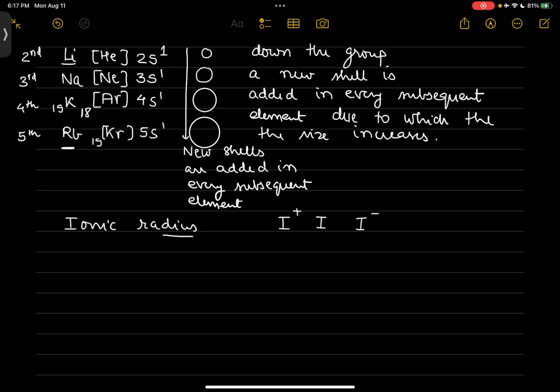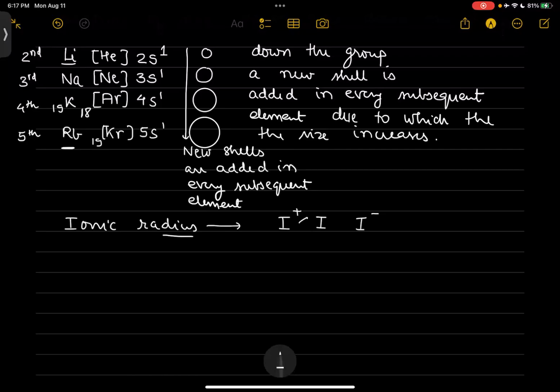So can you compare the size of a cation? I'm not comparing the cations of different elements. I'm just comparing one element, iodine: its atom, its cation, and its anion. So what should be the size order, Naveen? Will it be more? Will it be less, and for whom? The positive side will be less, and the negative side will be more.